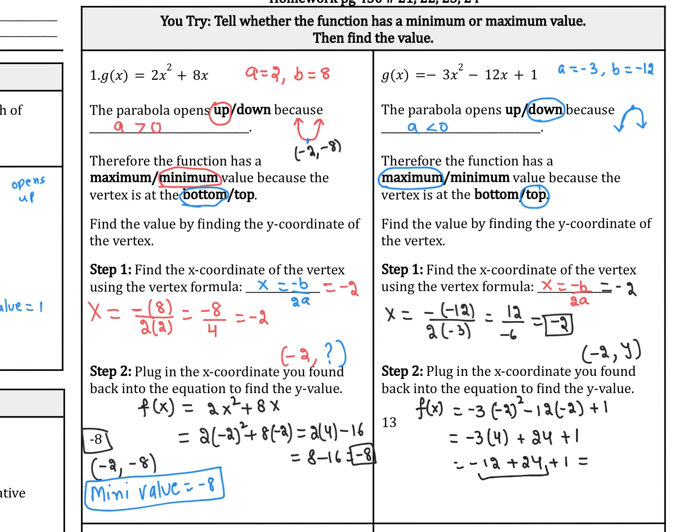You combine these two, you got 12 plus 1, and that is 13. So the y coordinate you got is 13. So the 13 is the maximum value, because the y coordinate came out as 13.